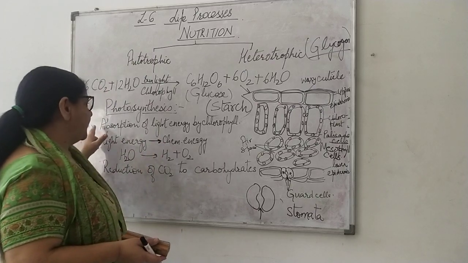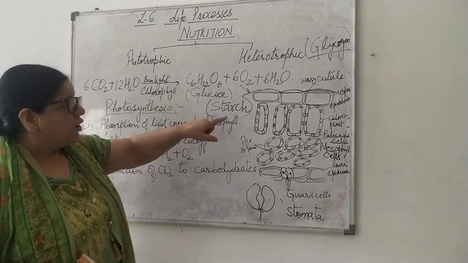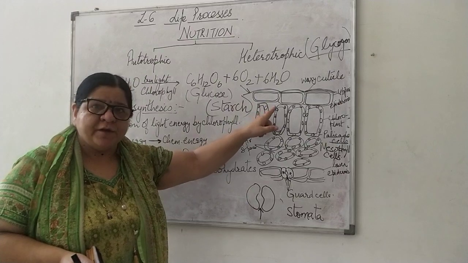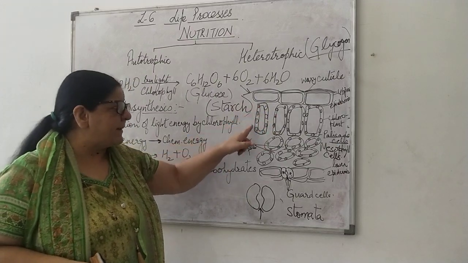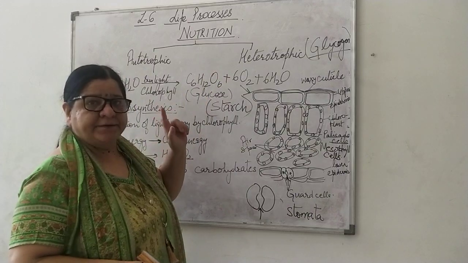The first step is absorption of light energy by chlorophyll. So the chlorophyll present in these mesophyll cells, in the palisade cells, will absorb the sunlight.